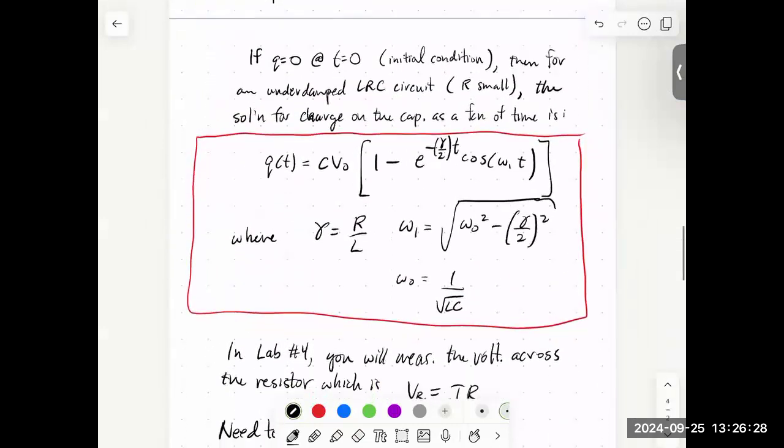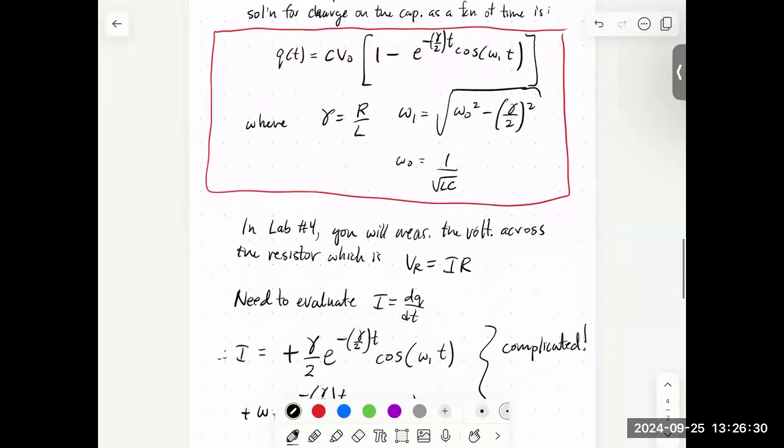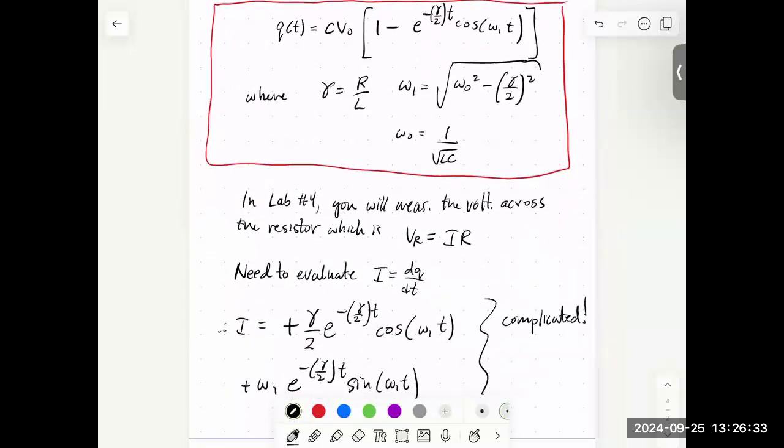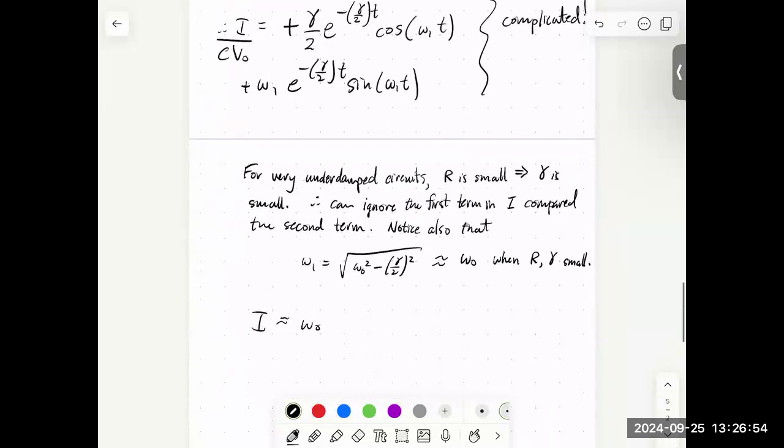What did I forget here when I took my derivative? Can anyone see? I took the derivative of the stuff in the brackets, but what did I forget? The CV naught. Yeah, that's right. So what I'll do is I'll say over here, if I divide by that CV naught, this is what my current would be too. Yeah, so I just forgot that constant.